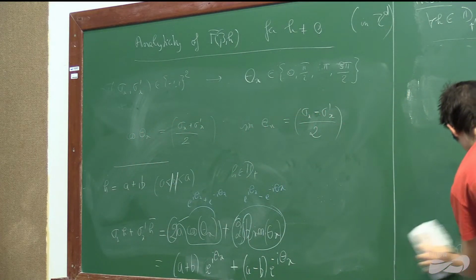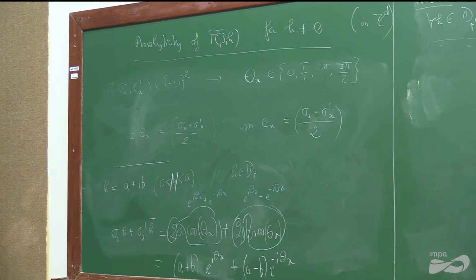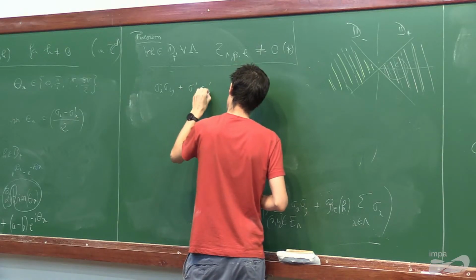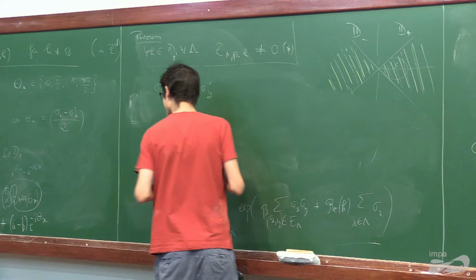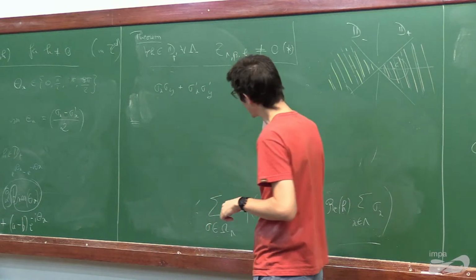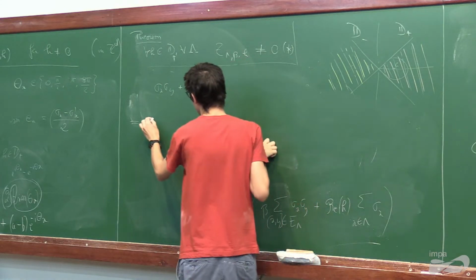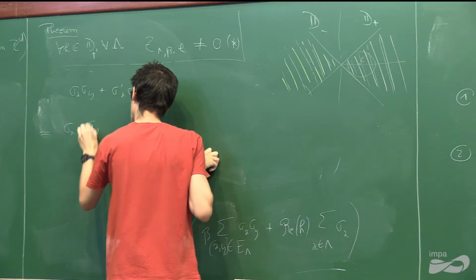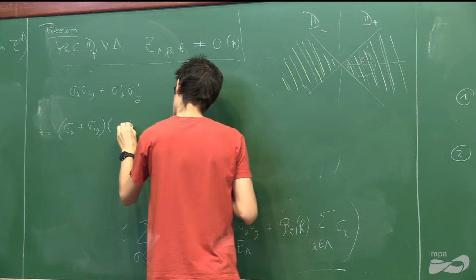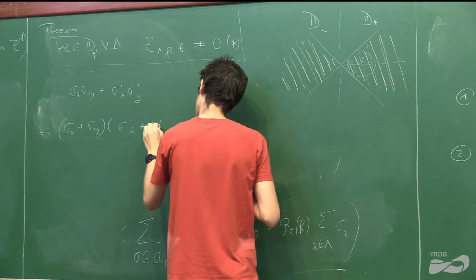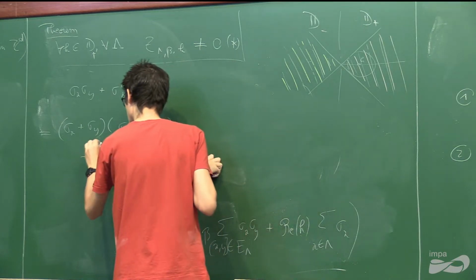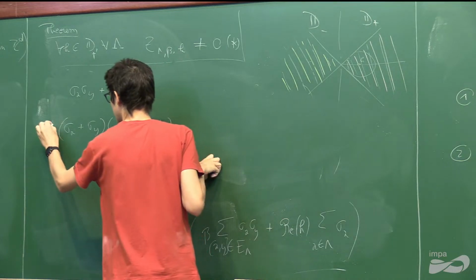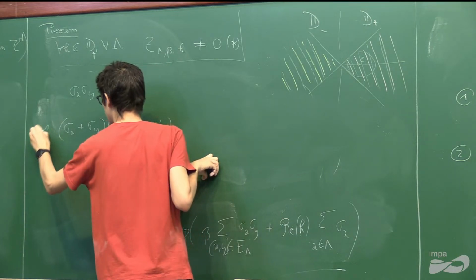Okay. Now let's go to theta x, theta y plus theta prime x, theta prime y. This thing is actually equal to (theta x plus theta y) times (theta prime x plus theta prime y) plus, okay, then I have to put 1/2 in front, maybe.